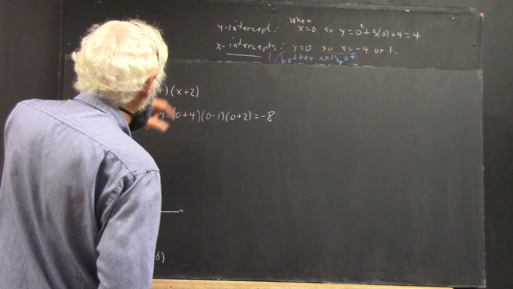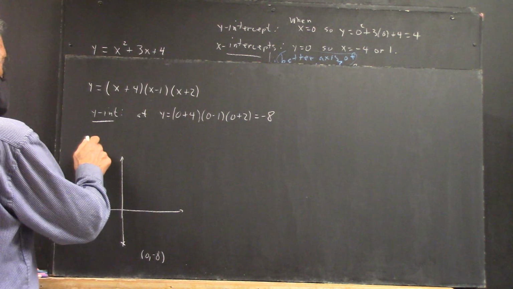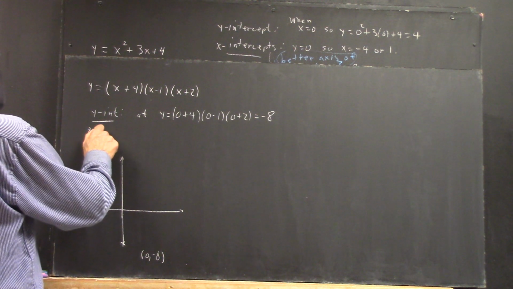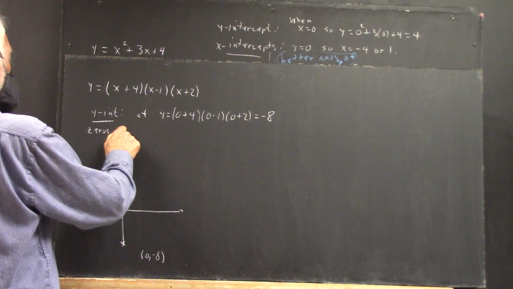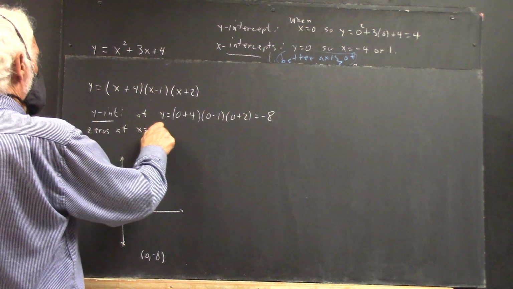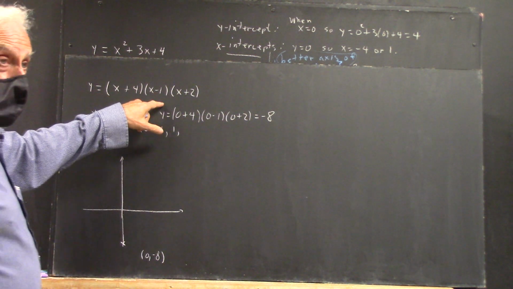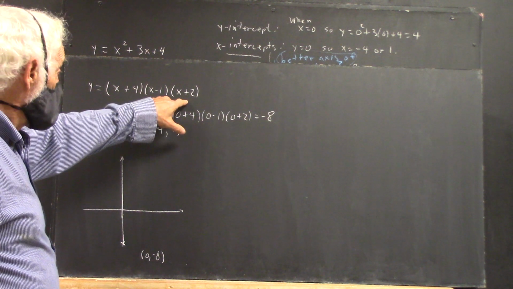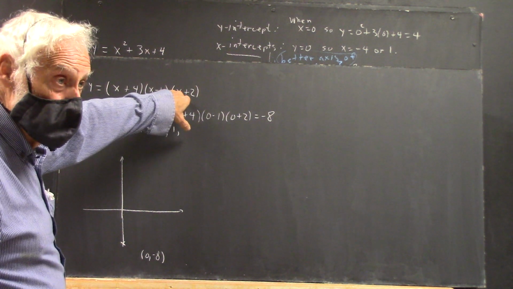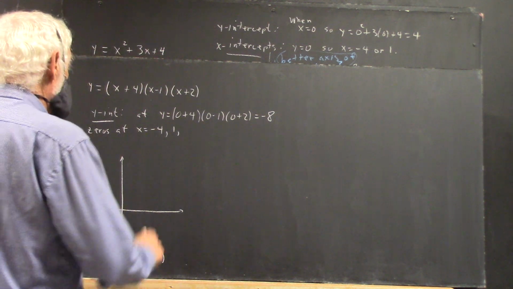The zeros of the function, well, you get one at negative 4, you get one at 1. And of course, if x is negative 2, you get one at negative 2 now. So now we've got zeros.